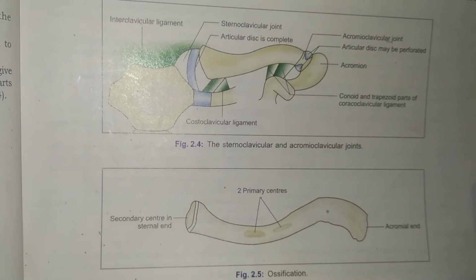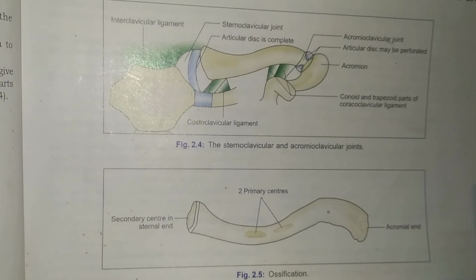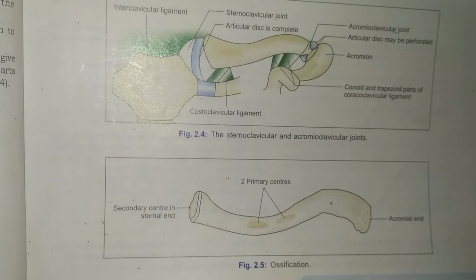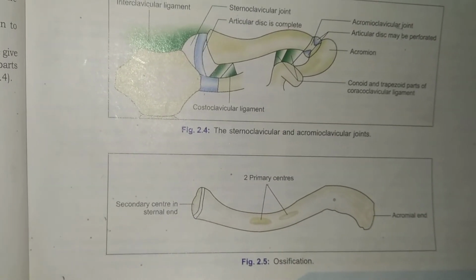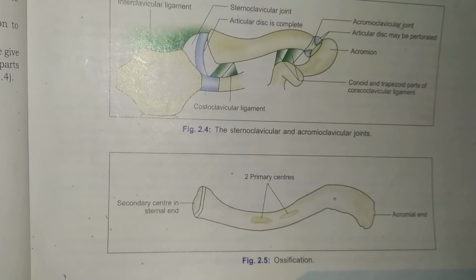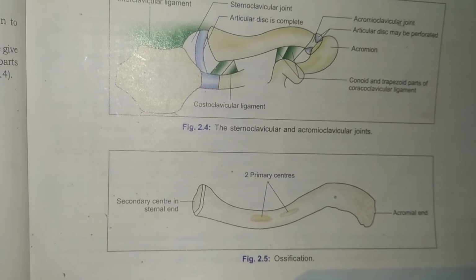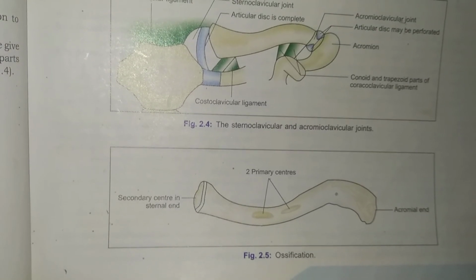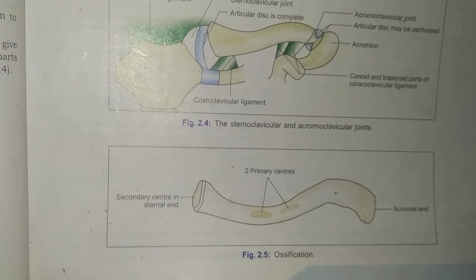how can you determine the sex of that bone? By some knowledge of that bone. In females, the clavicle is shorter, lighter, thinner, smoother and less curved than in males. But this point is not possible to judge when you are looking at a skeleton. For that, there is another point.